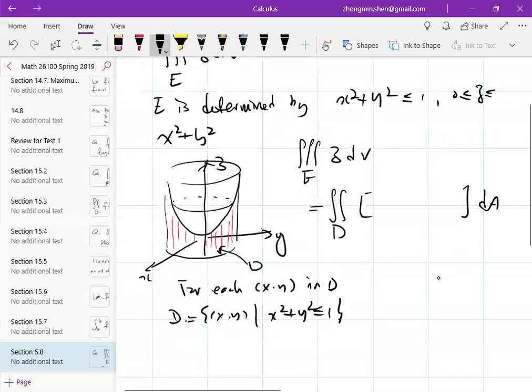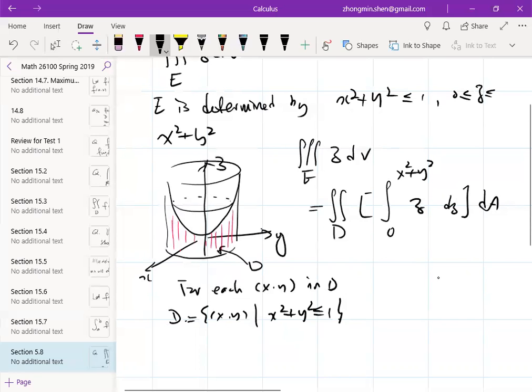So this is an iterative integral, but I don't write down all three single integrals directly. Here is dz, and z is between 0 and x squared plus y squared. The lowest value for z is going to be 0, and the largest value for z is going to be x squared plus y squared.